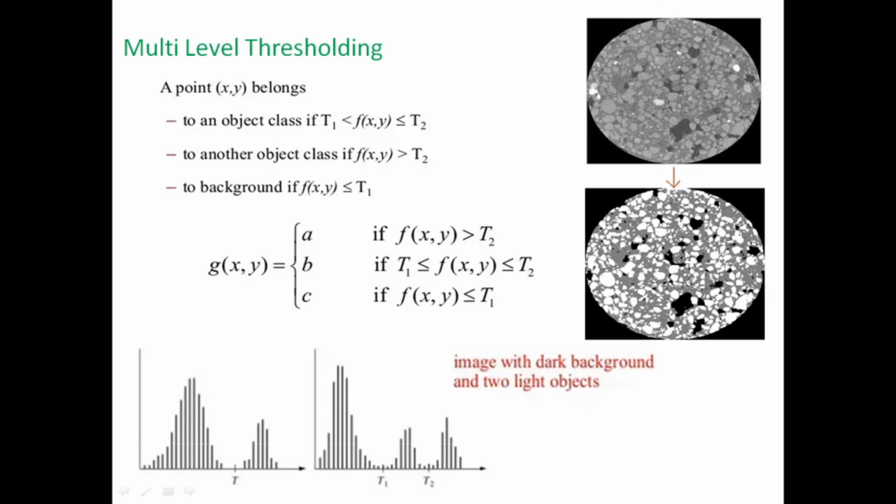This technique determines more than one threshold for the given image, so we have to find two thresholds from the histogram, right?